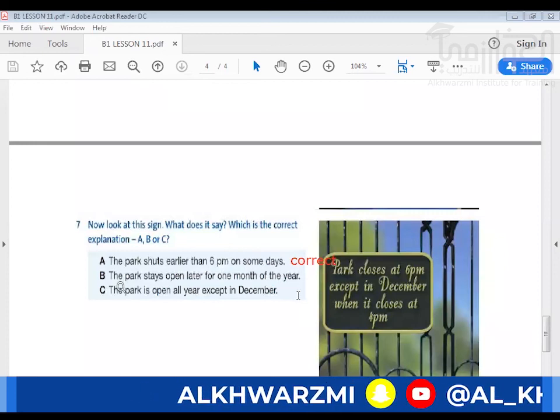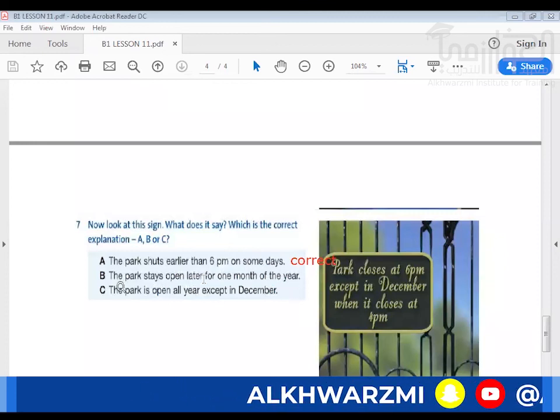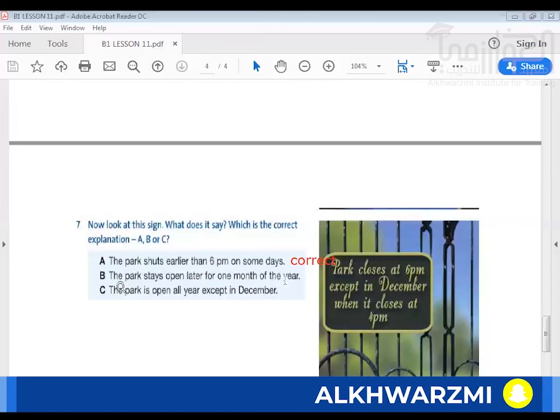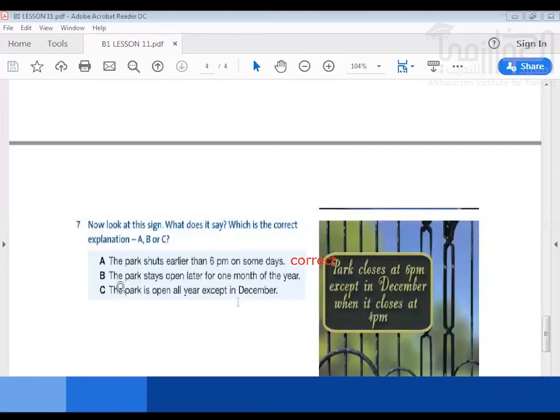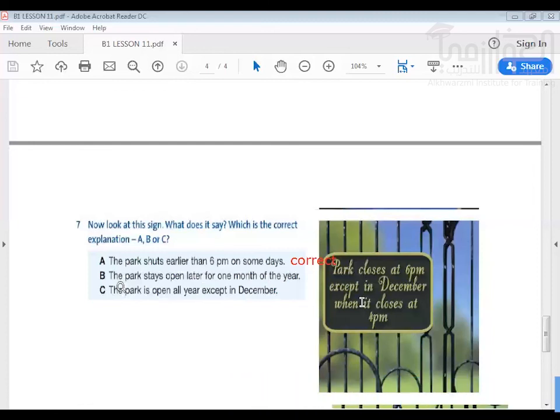And B and C are not correct. The park stays open later for 1 month of the year. No, that's not what it says. The park is open all year except, no, it doesn't say the park is closed in December. No, that's not what it says here. So A is the only correct answer that we have here.